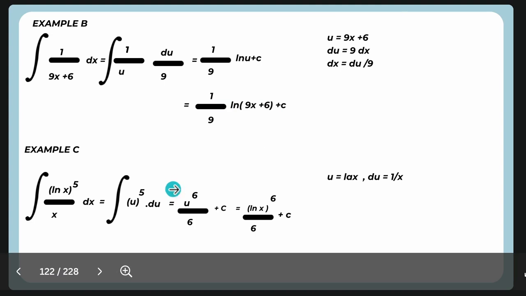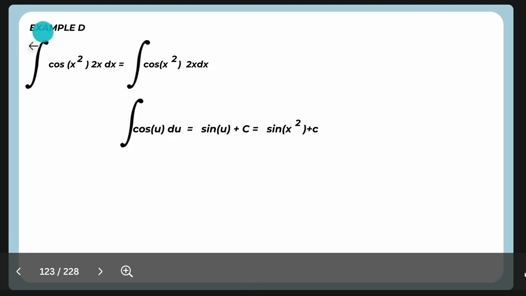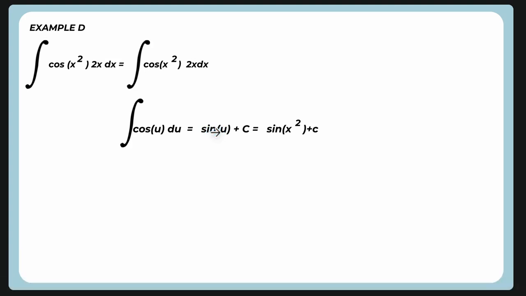Then you have your example C. So you have the integral of (ln x) to the power of 5 over x dx. So I have the integral of u to the power of 5 times du, which is u to the power of 6 divided by 6 plus c. Then you have your example D, which is the integral of cosine of x squared times x dx.